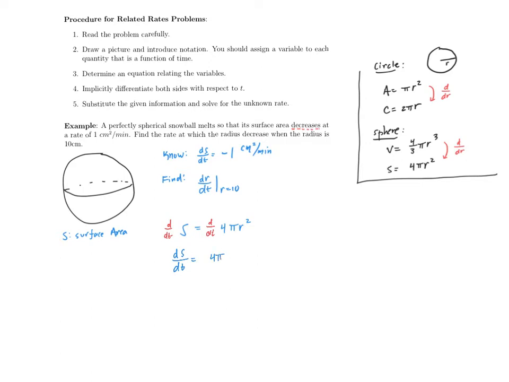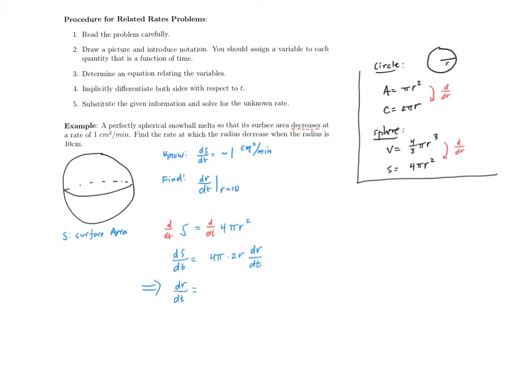The derivative of r squared would be 2r, and it's implicit, so dr dt. And this is where we go back to what we want to find. I need to know what is dr dt. So I'm going to isolate dr dt in this equation, and when I solve for it, just for convenience or my preference, I'll put that dr dt on the left-hand side.